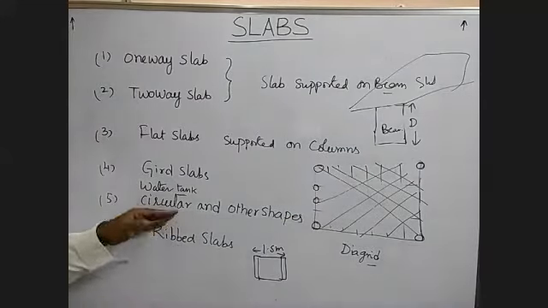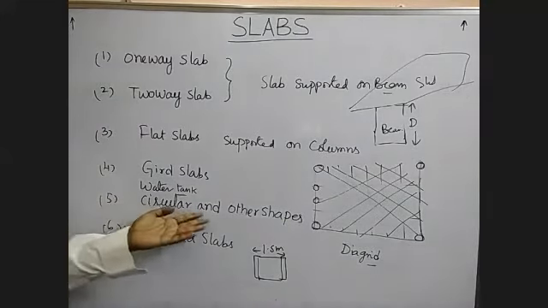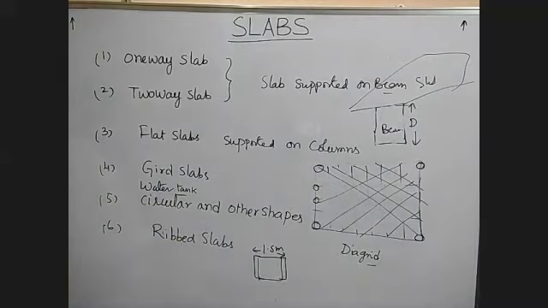And this is only a shape, circular. And the last one is the ribbed slab: small ribs are placed 1.5 meters center to center in mutually perpendicular directions. This we call a ribbed slab. Now we will study the one-way slab and two-way slab.